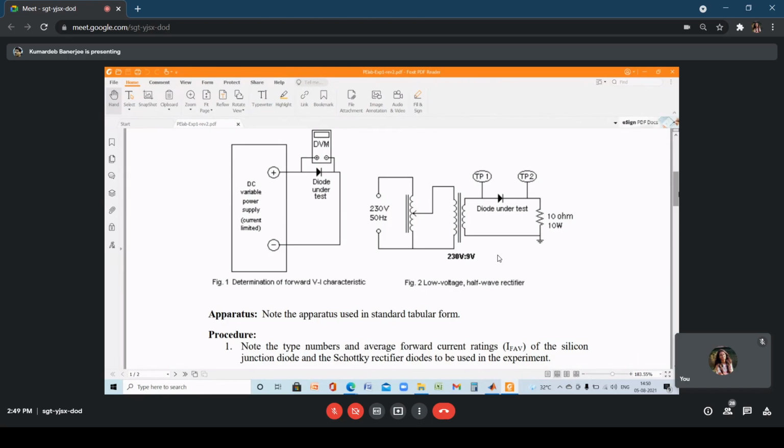Ideally an infinite current should flow, and if the current exceeds the rating of the fuse put in the device, then definitely the fuse will blow. Because ideally a finite voltage divided by a zero resistance path should give you infinite current. That means the fuse should blow.